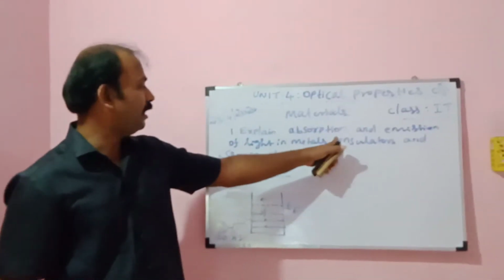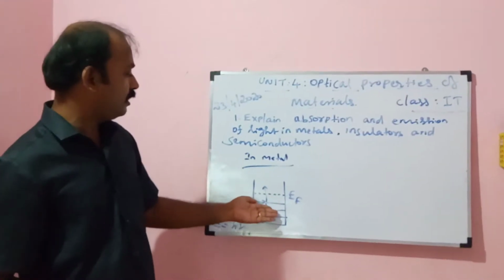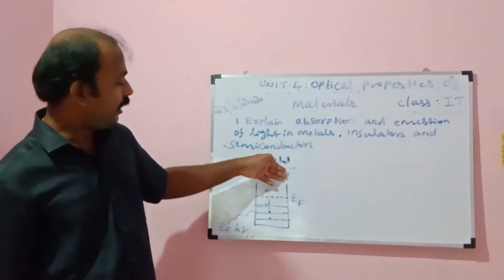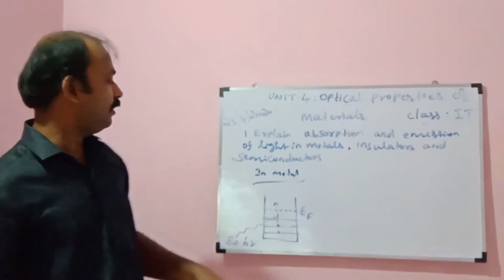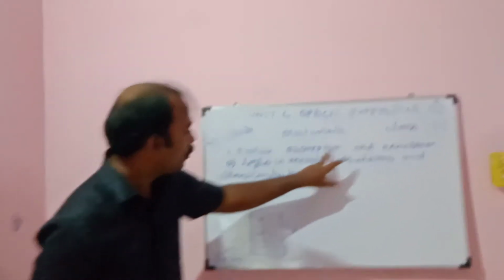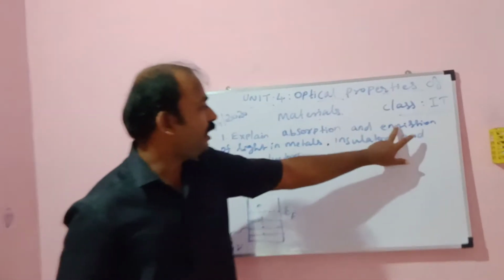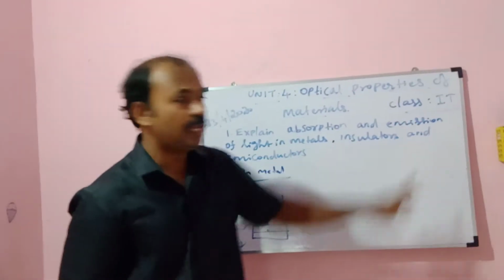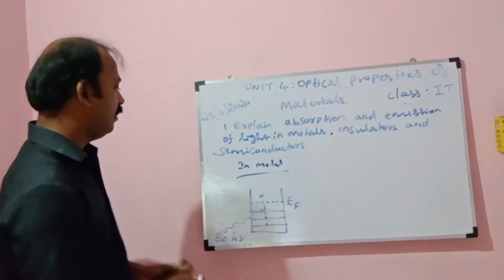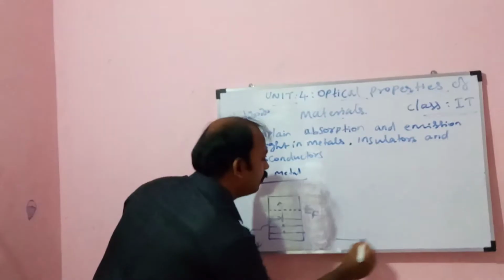So in case of metal, the result of absorption is that the electron moves from one level to a higher level, over that Fermi energy level. That is absorption in case of metals. Similarly, how is emission possible in metal?